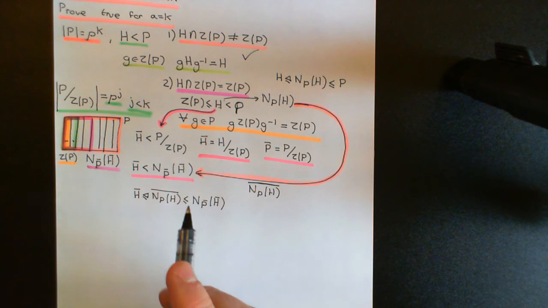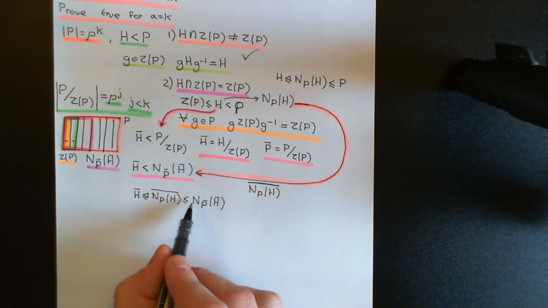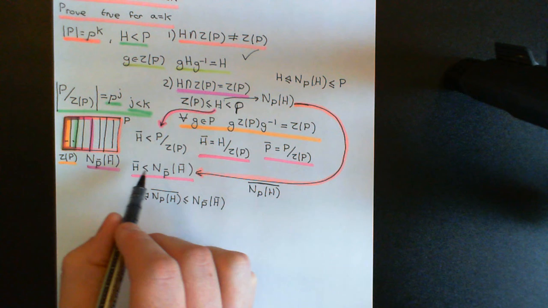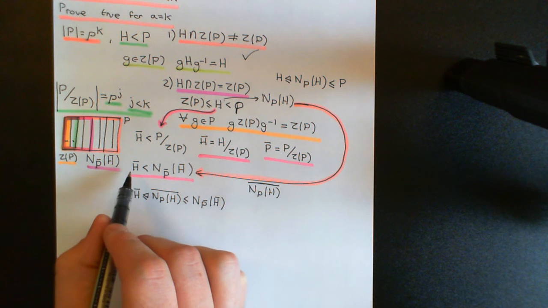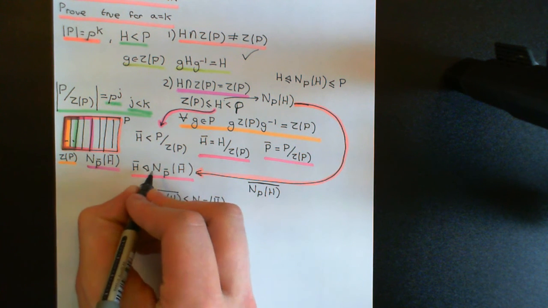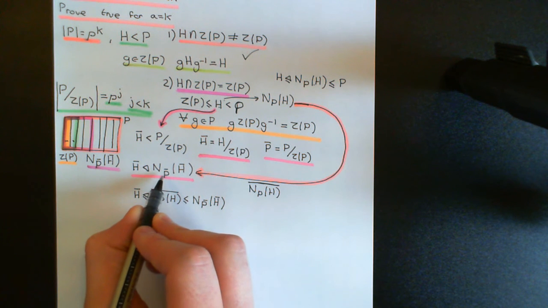Right, but now I can prove that these two have to be equal to one another, because on this side, we have that H bar is going to be a normal subgroup inside of its normalizer, the normalizer of H bar in P bar.